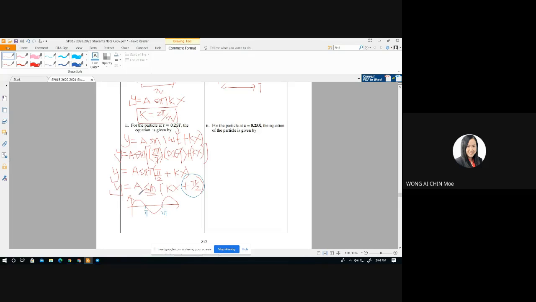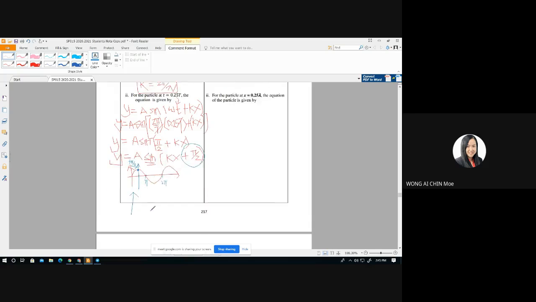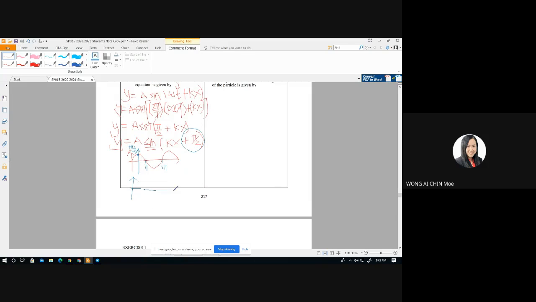So the axis needs to shift to the positive, to the right, by pi over 2. So you must start from here. Our new graph will start from the top and then go down.